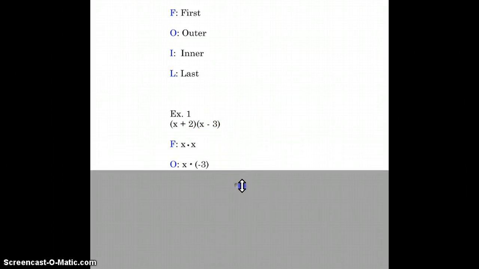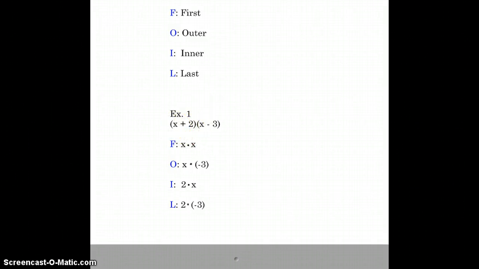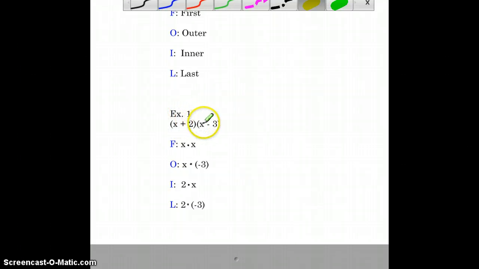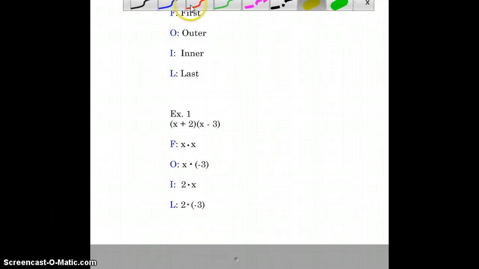So again, here we go: first, outer, inner, last. Our first terms will be x times x, or x squared.